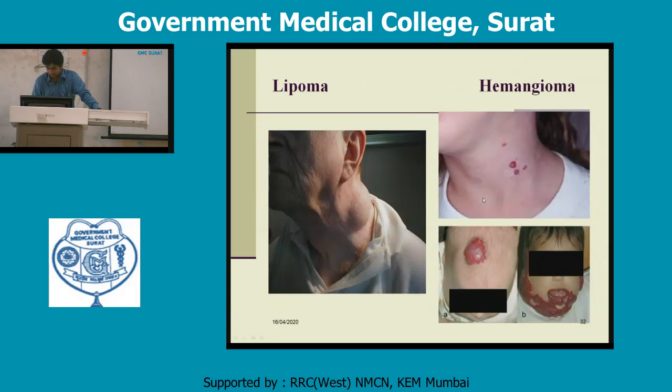Lipoma is a benign enlargement of fat, which is very common, also called the universal tumor. Hemangioma, a benign condition of blood vessels. Though it is not well defined, it gets easily surgically excised.